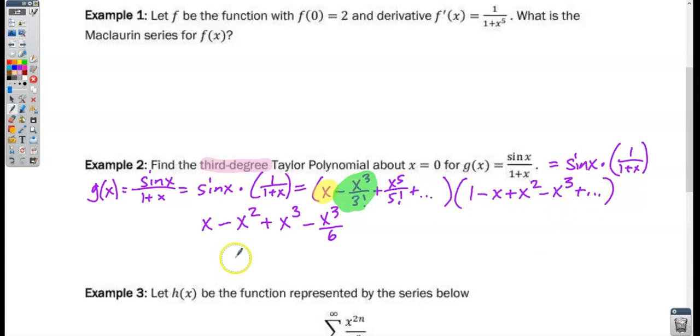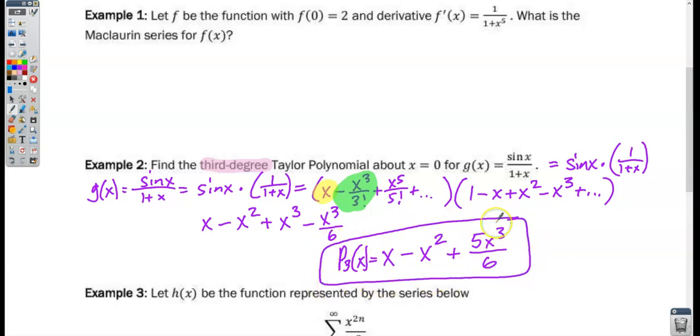And now all I need to do is combine my like terms, and therefore the third degree Taylor polynomial is going to be x minus x squared plus 5x to the 3rd over 6. All right, kind of cool.